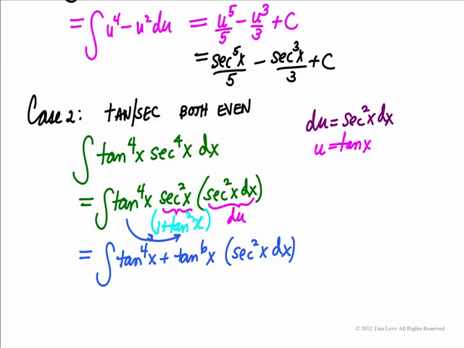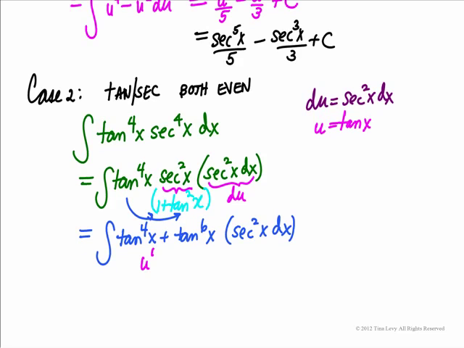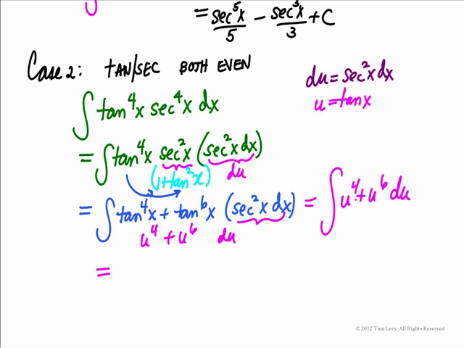But changing everything to u, this is u to the 4th plus u to the 6th du. And that antiderivative is straightforward. We get that it is u to the 5th over 5 plus u to the 7th over 7 plus a constant.